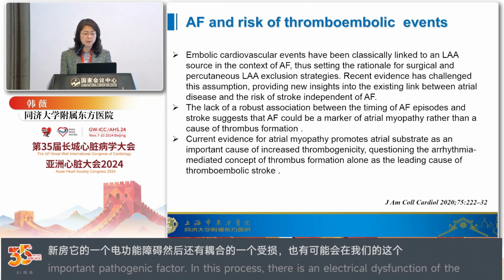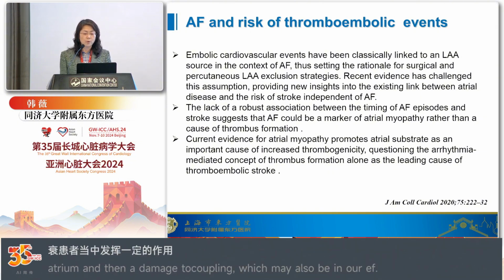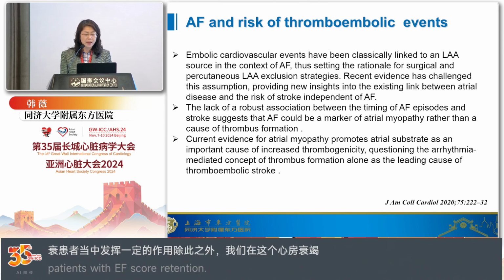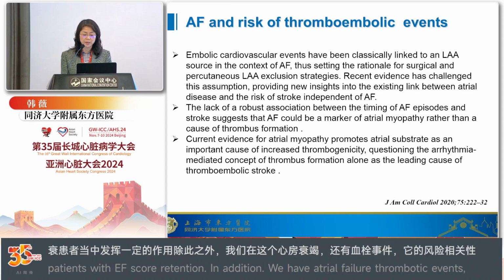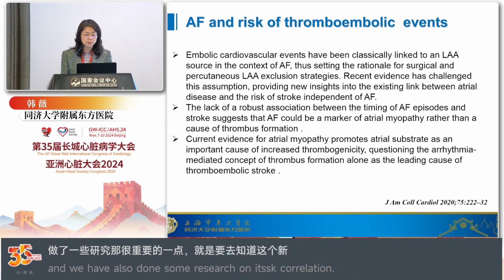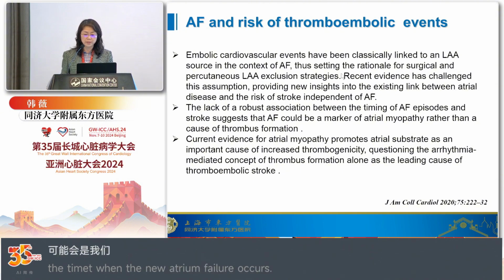And also, thrombus events are very important in atrial failure. The lack of association between the timing of atrial fibrillation episodes and strokes suggests that atrial failure can be a marker of atrial myopathy rather than a cause of thrombus formation.